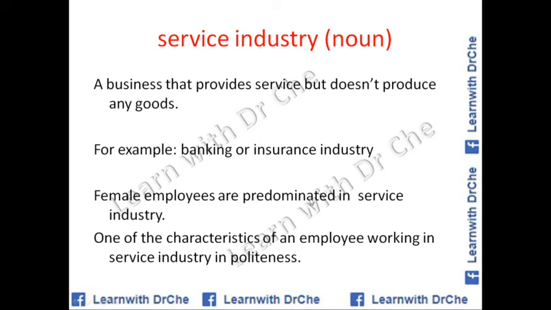Female employees predominate in the service industry because they are polite. They are more polite than male employees. One of the characteristics of an employee working in the service industry is politeness. Okay, politeness. You can be asked a question about politeness in your speaking.